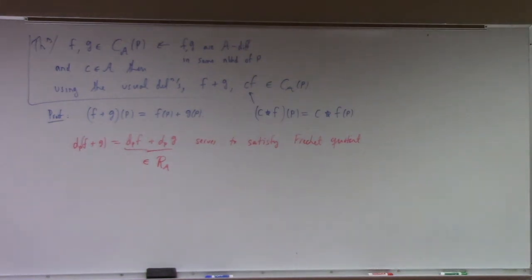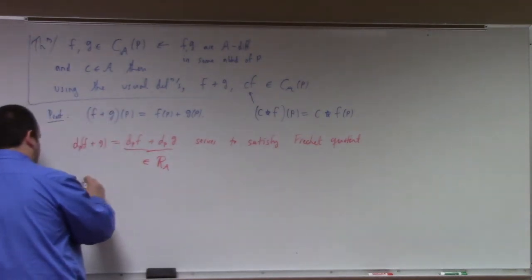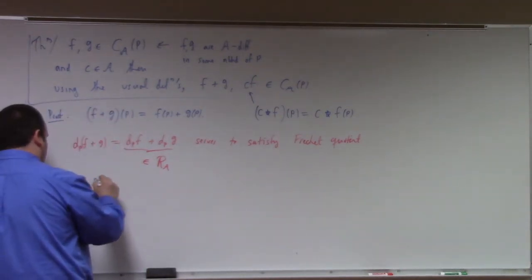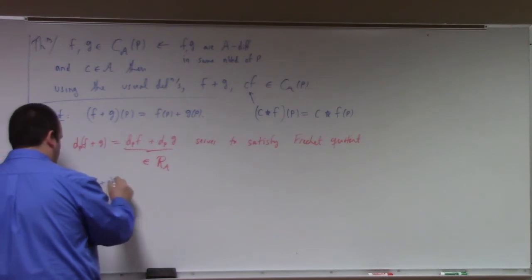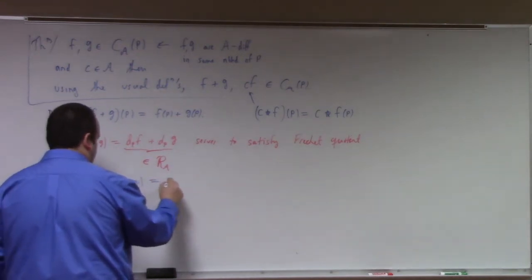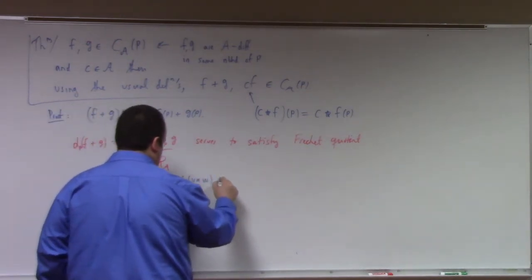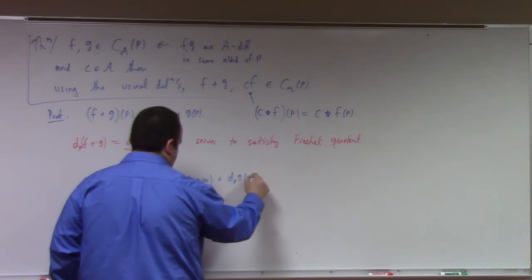Now, if you don't believe that, of course, you can easily prove it, right? So if we take d_p(f plus g) of v star w, in other words, we get d_p f of v star w plus d_p g of v star w.